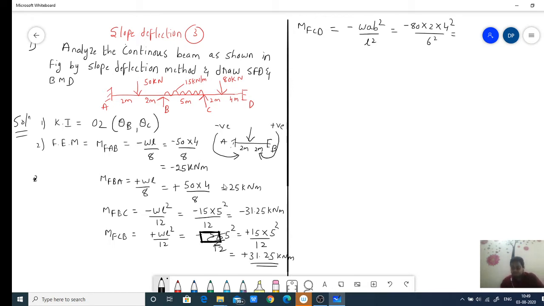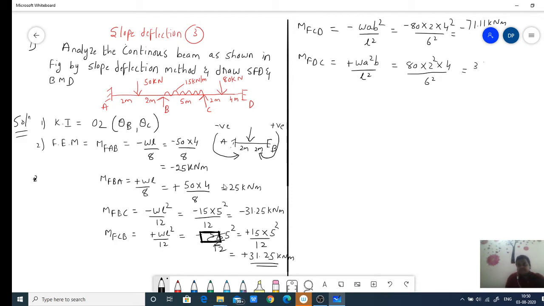When you calculate this particular value, 80 into 2 into 4 square, it turns out to be minus 71.11 kilonewton meter. And similarly MFDC, this will be plus W A square B upon L square. So this is 80 into 2 square into 4 upon L is 6 square. So this turns out to be how much?